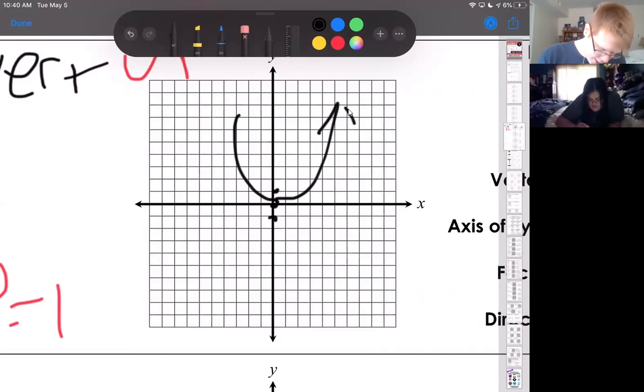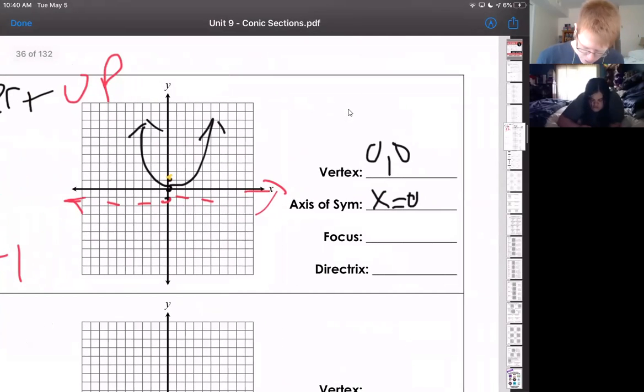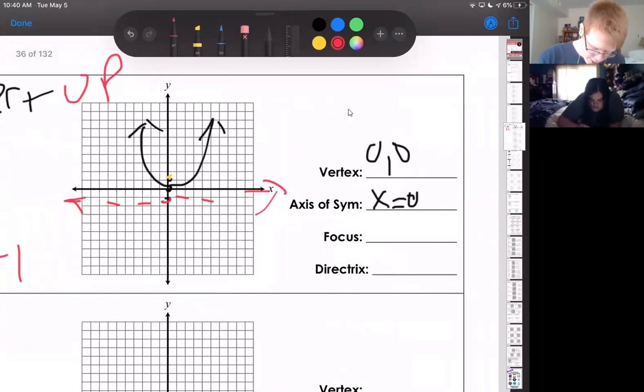So it looks something like that. So this inside point, this is your focus. This outside point is your directrix. So our focus point would be 0, 1. Sorry, that's the yellow one.